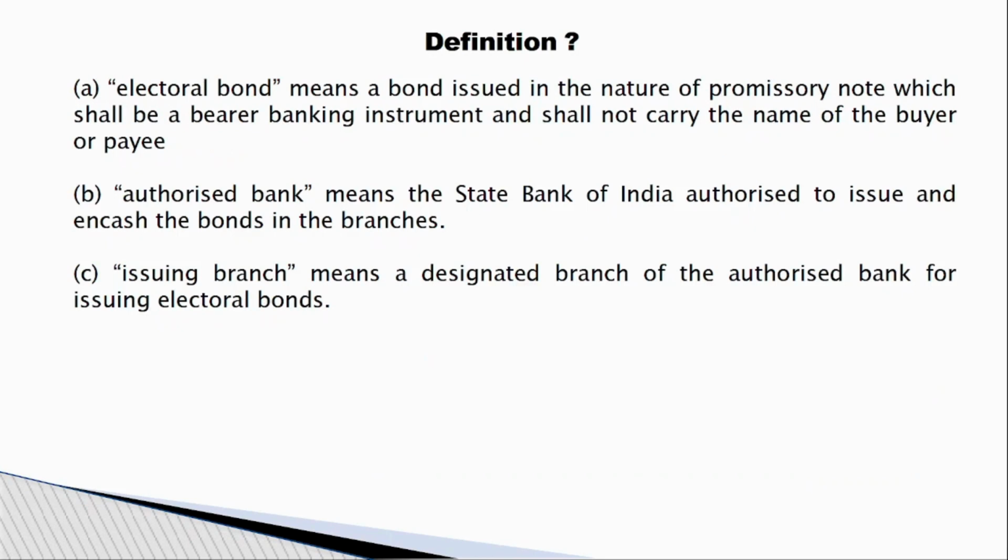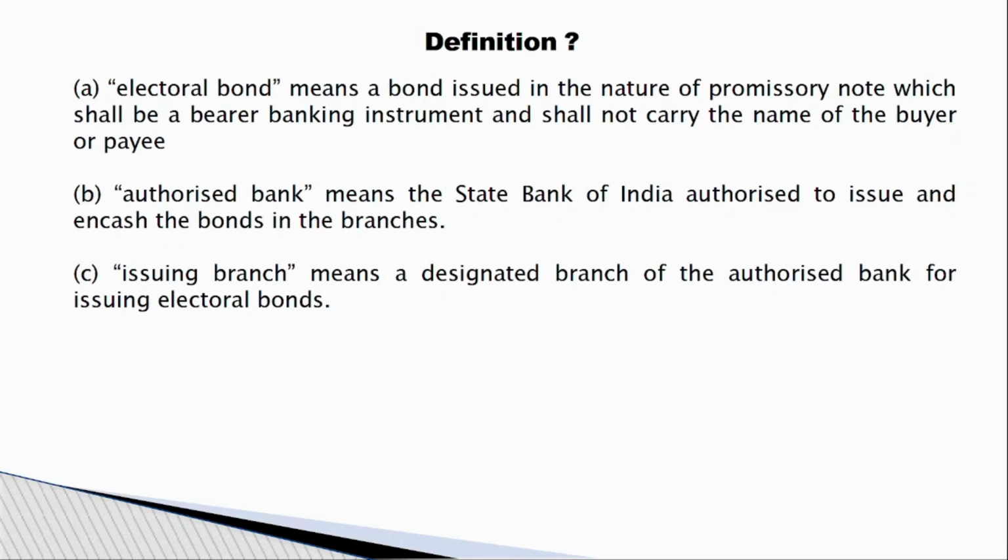So what is the definition? Electoral bonds, we have already discussed. This is a bearer banking instrument, of the nature of a promissory note. So no payee, no buyer name will be available on the instrument. Which authorized bank can issue these bonds? State Bank of India is authorized to issue these bonds and encash the bonds in SBI only.